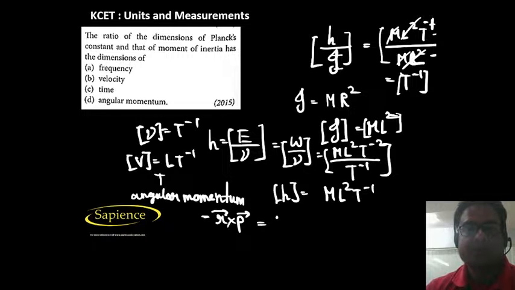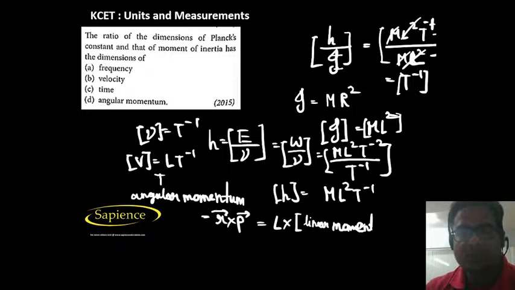So it is length into the dimensional formula of linear momentum. Linear momentum into length gives angular momentum.